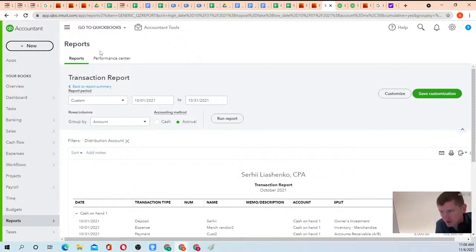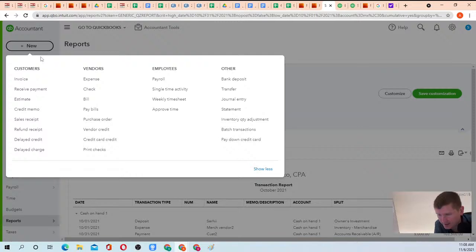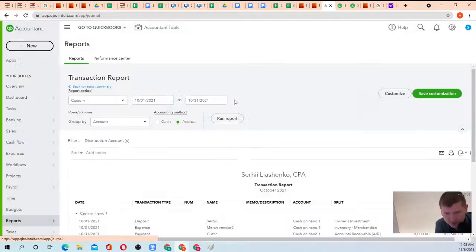In that situation, we make an estimate of the expense. And let's see how we can do that. Usually, we will do that with a journal entry, which we will then reverse when we get the actual bill.